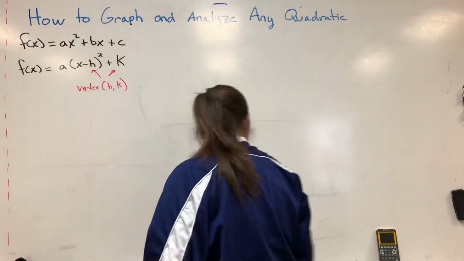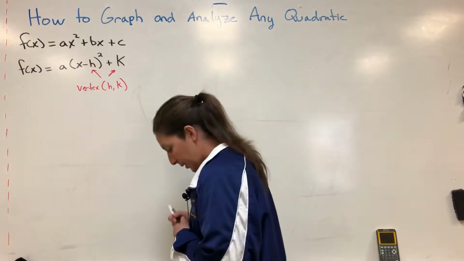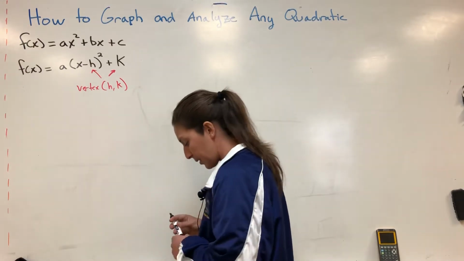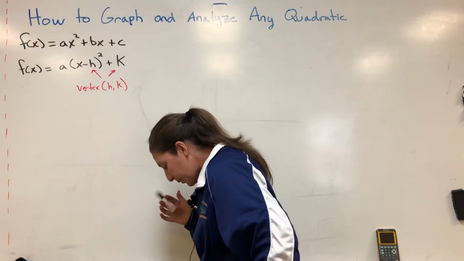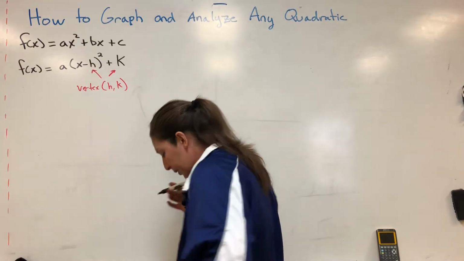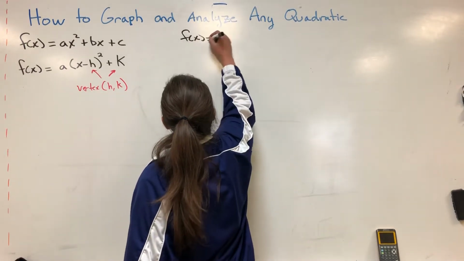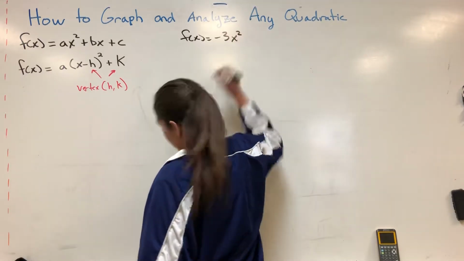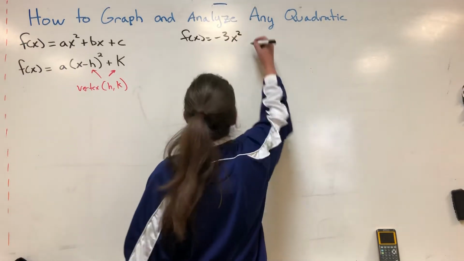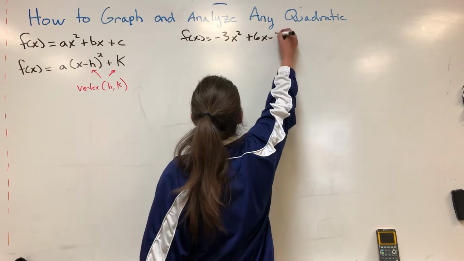So our working example that we're going to use: f of x equals negative 3x squared plus 6x minus 2.